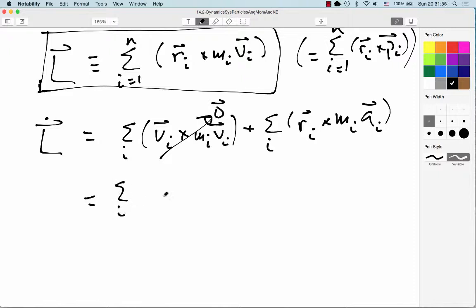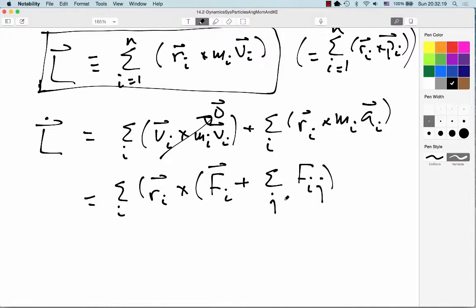So sum over i, r_i cross m_i a_i, which by Newton's second law means we cross r_i into the sum of the external forces on i, plus the internal forces, the sum over j of F_ij, and that sum is buried in this sum here.